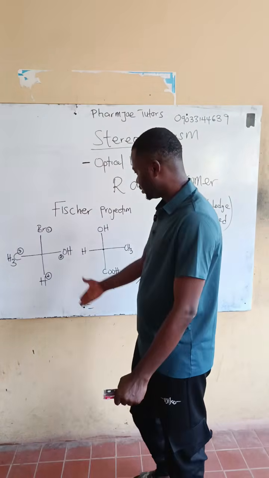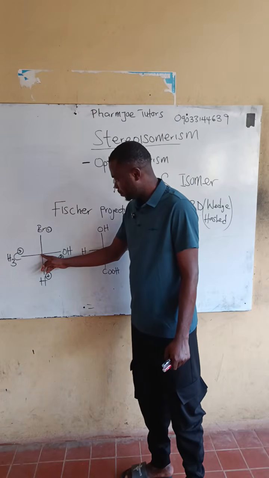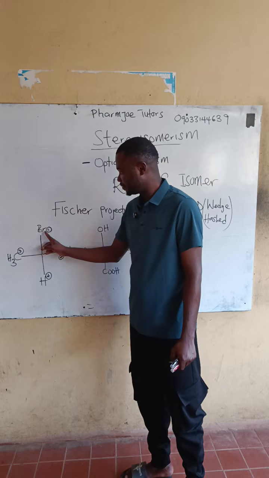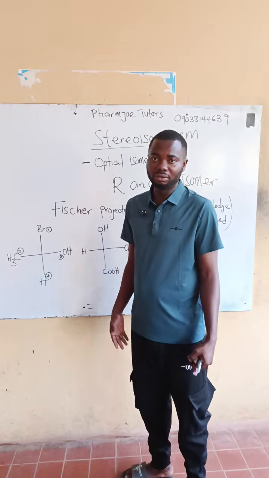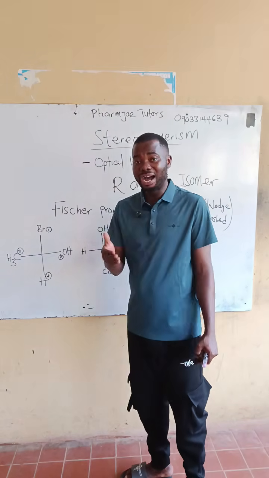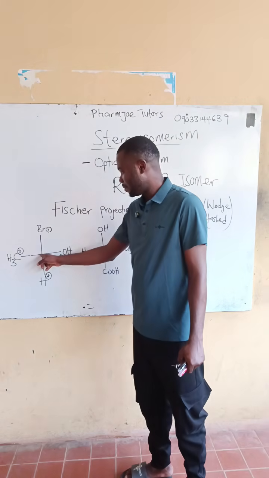Now, for example, let's look at this diagram that is here. There's a carbon here, and this carbon is connected to a CH3 that is different from H, that is different from OH, and that is different from Br. So this carbon at the middle is a chiral carbon. Let me quickly give you a recap on the chiral carbon. A chiral carbon is an sp3 carbon. You can see a single bond, single bond, single bond, single bond, then our carbon is at the middle.